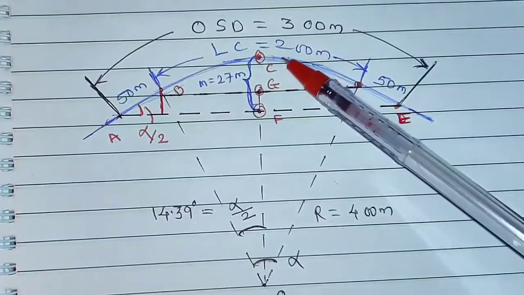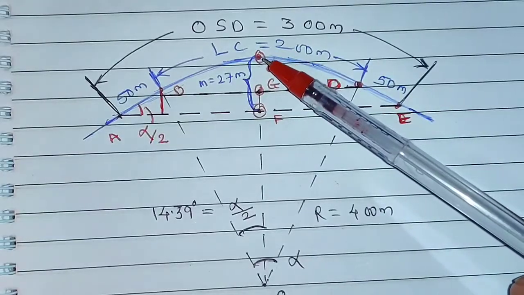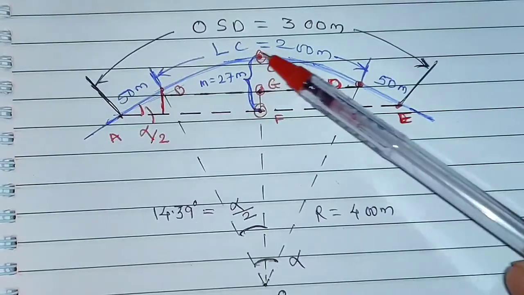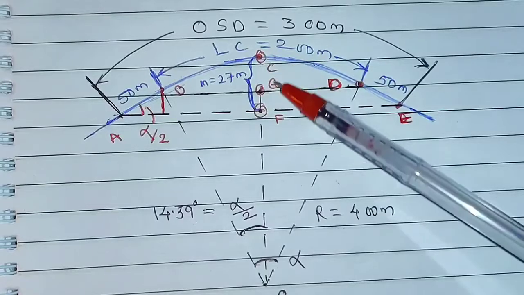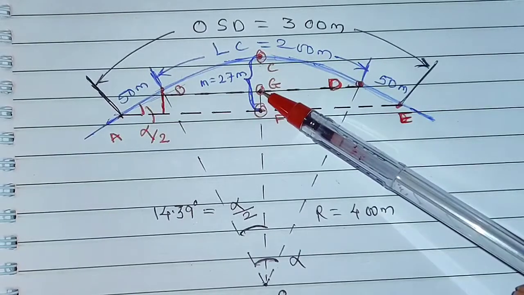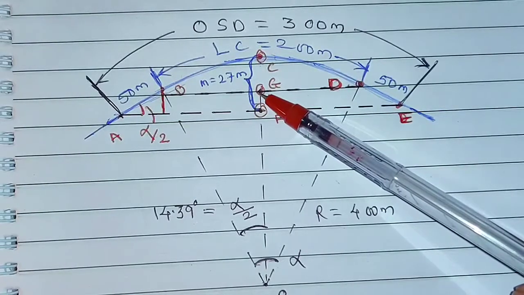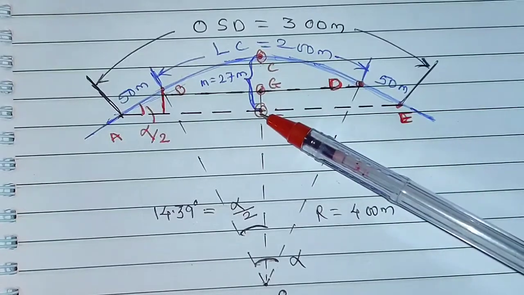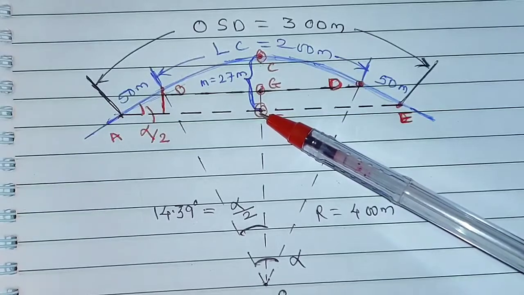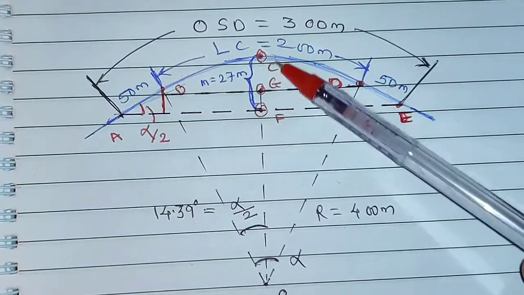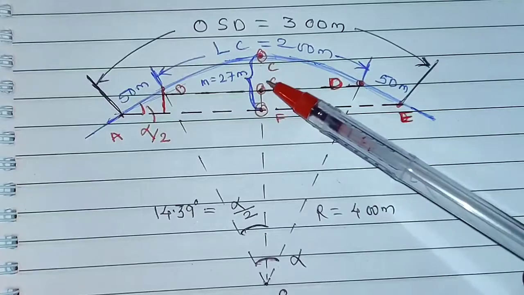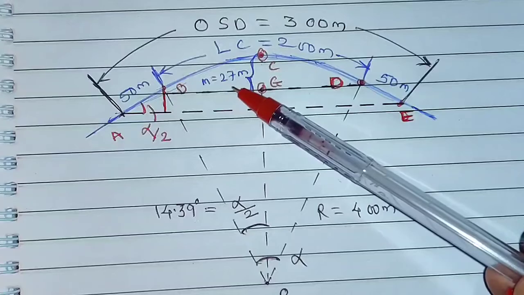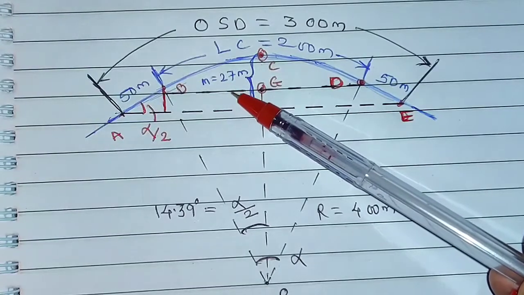First was the setback distance for the length of the curve as 200 meters, that is from point C to point G, and again for the overtaking sight distance for the points A and E, that is from point G to point F. Hence M equals CF, that equals CG plus GF. So the total value of M is 27 meters.